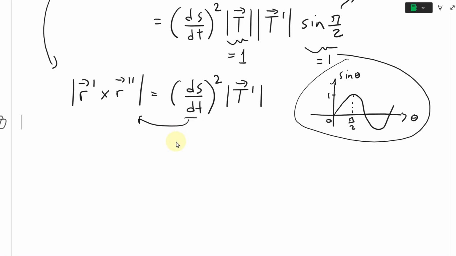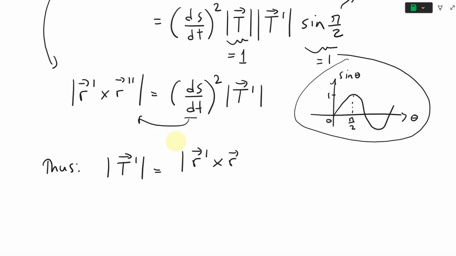What we're left with is: the magnitude of the derivative of the unit tangent vector is equal to the magnitude of the cross product of the first and second derivatives of the vector function r, divided by ds over dt, the derivative of the arc length function in terms of t, squared.